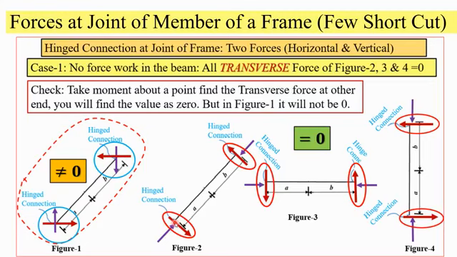You find that this force into this distance is equal to zero because there is no other force to balance. So in all cases, if within the member there is no force, the transverse reactions, I don't say reaction, I say transverse force, will always be zero, but not in this case.